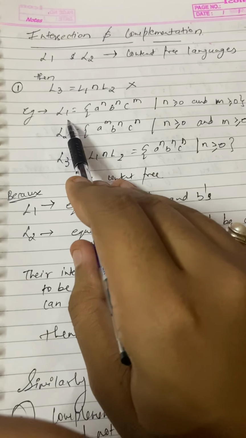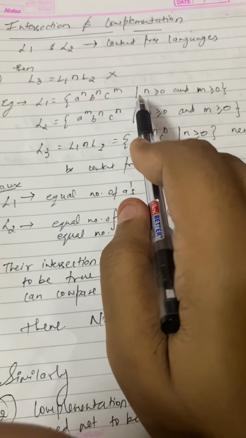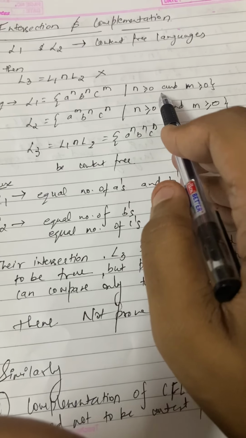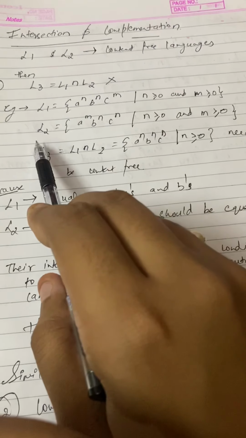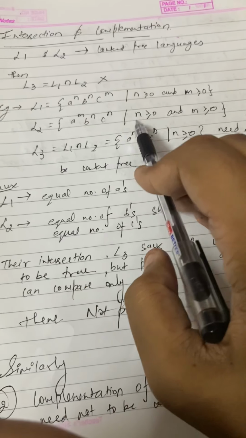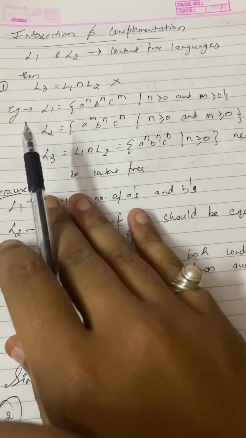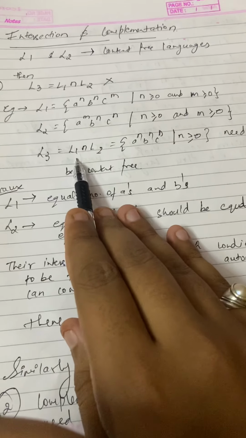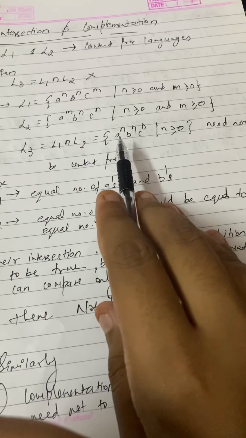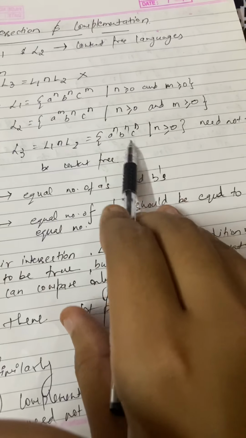Taking L1, language 1, A to the power n B to the power n C to the power m, where n is greater than or equal to 0 and m is greater than or equal to 0. L2 is A to the power m B to the power n C to the power n, where n is greater than or equal to 0 and m is greater than or equal to 0. So L3, L1 intersection L2, the output will be a^n b^n c^n, as you can find from here.